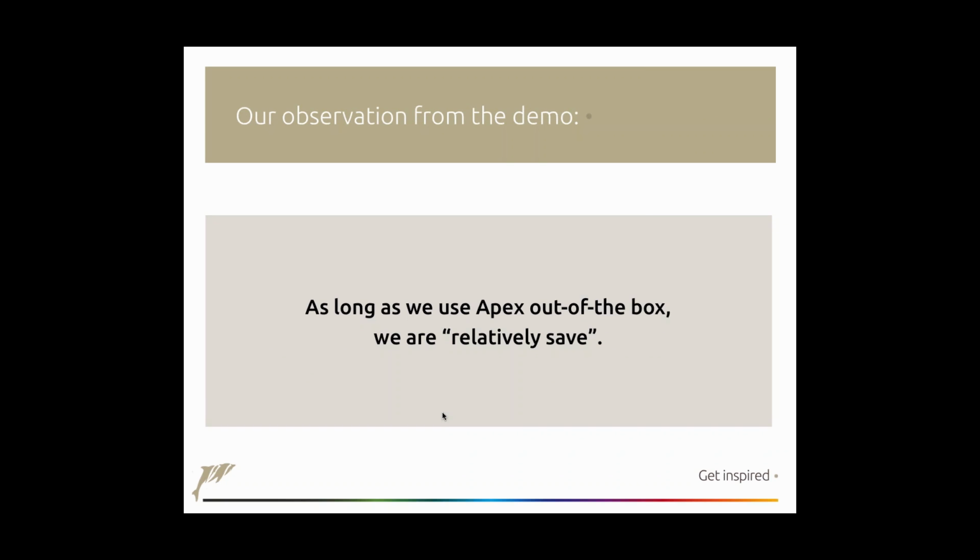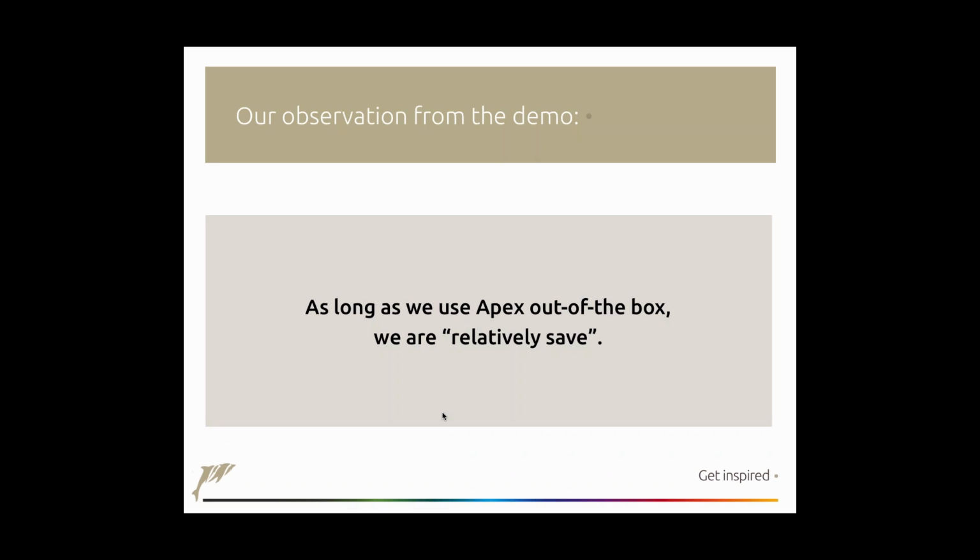So if we have a look at the video and at Apex, and especially the Universal Theme, I think with this simple report on a form, it was working quite well.